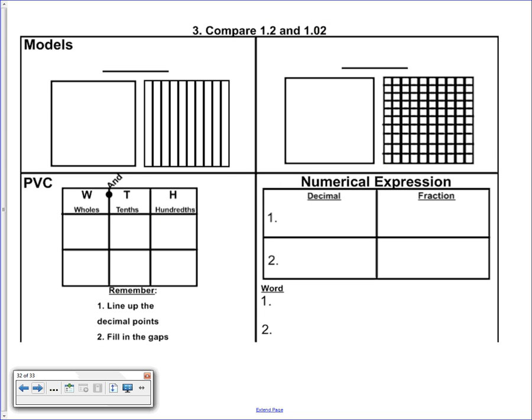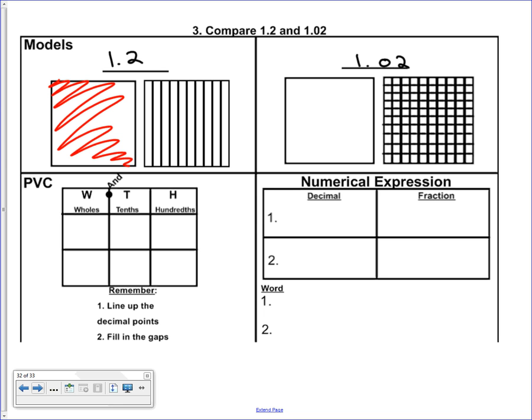Alright, one last problem. Compare 1 and 2 tenths to 1 and 2 hundredths. So our first one, 1 whole shaded in, 2 tenths. Second one, 1 whole shaded in, 2 hundredths.